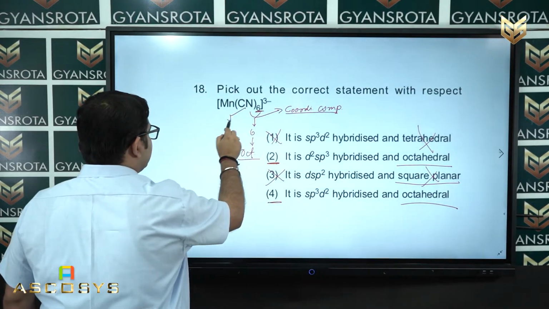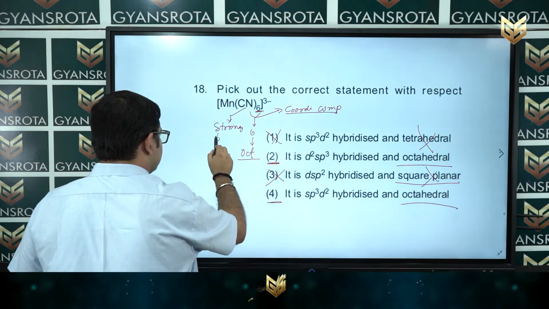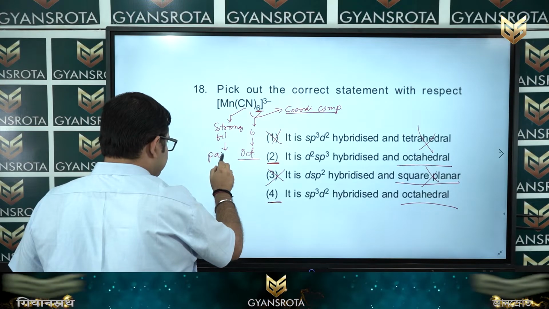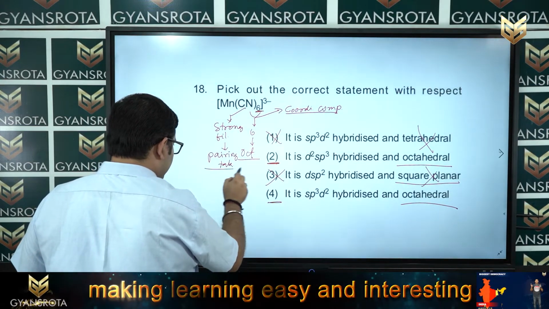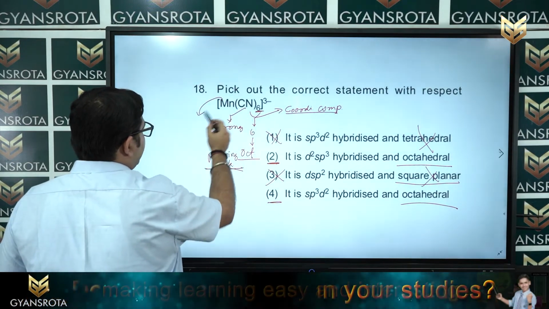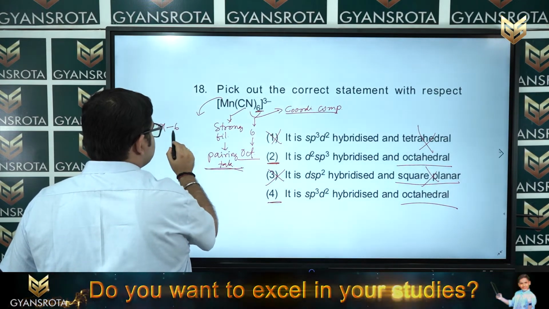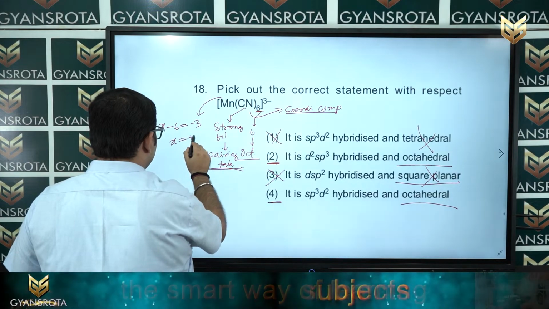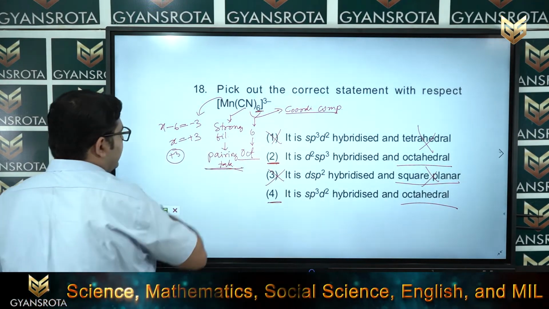Now, this acts as a strong field ligand. So what will happen? Pairing takes place. First of all we have to find out the oxidation state of manganese. How will it be found? You have to put X. For cyanide this is -6, and -3, and X will come as +3. So +3 is the oxidation state for manganese.